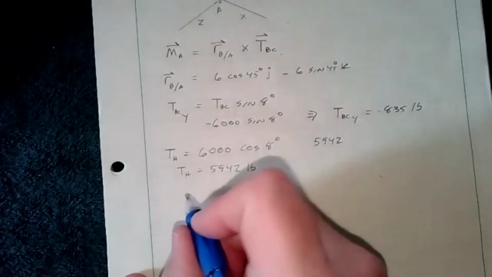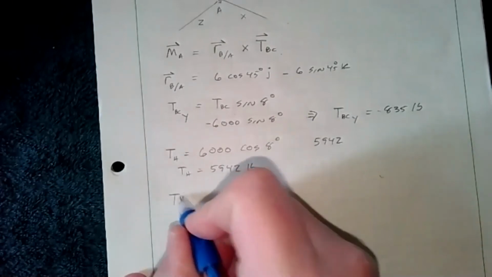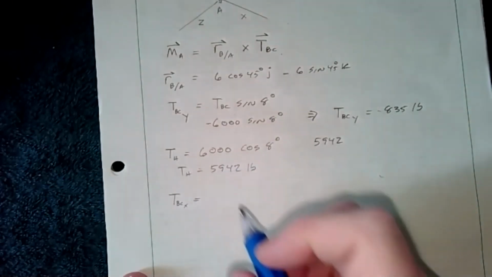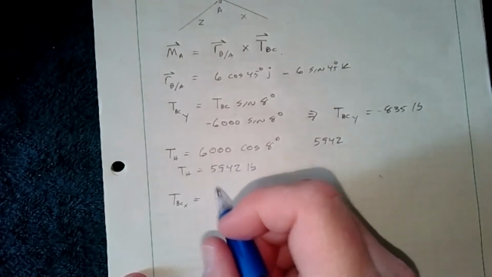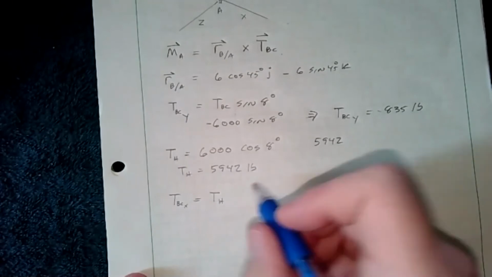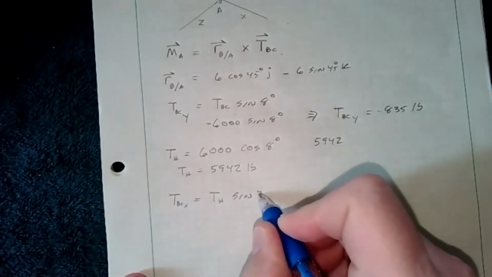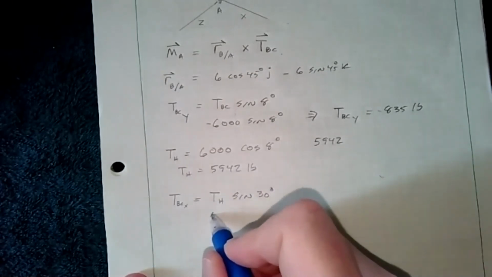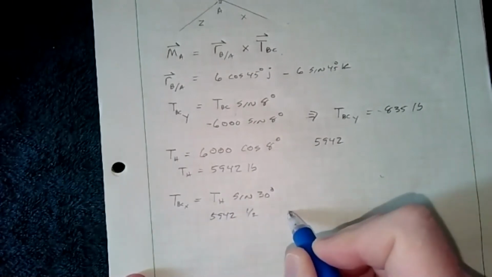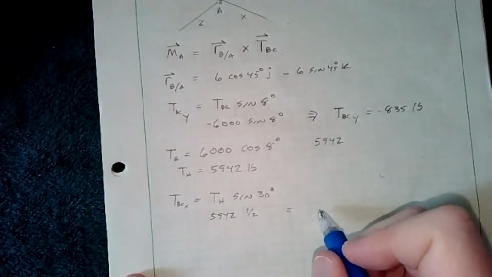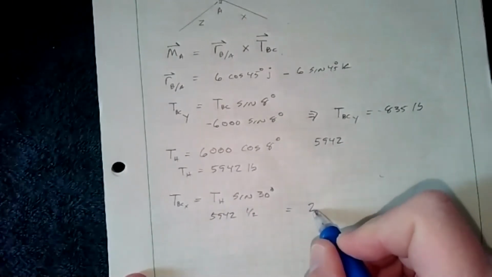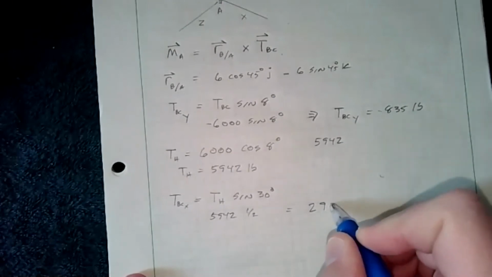So we know that TBCX is going to equal TH, and that's going to be sine 30 degrees, or 5942 times a half. And that's going to be, I'm doing the double equal sign just to save space.